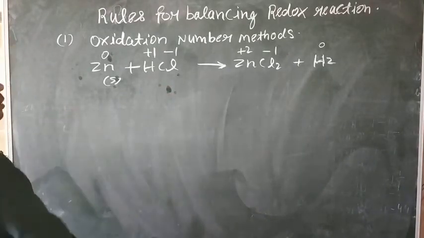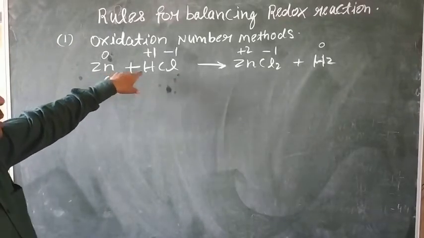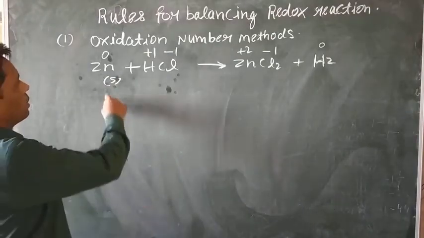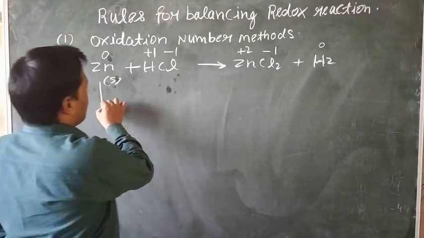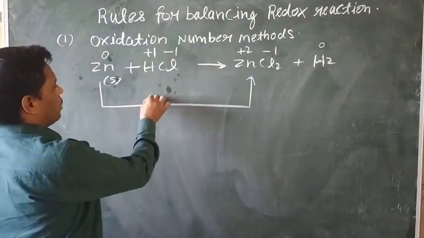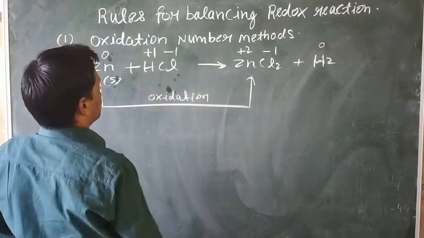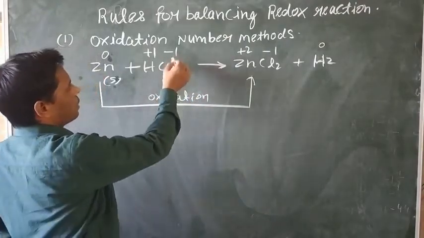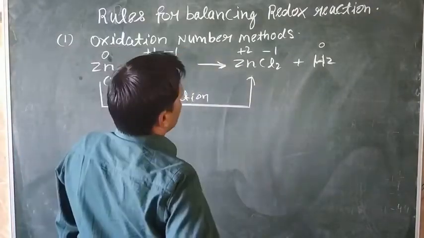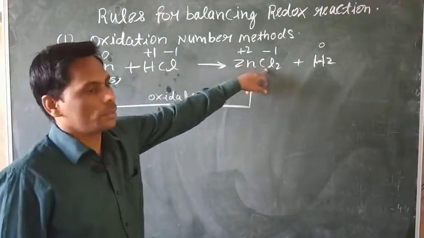After assigning the oxidation number of each element, we are in a position to find out which element undergoes oxidation and reduction. Here you see zinc metal goes from 0 to +2, which means it undergoes oxidation. The chloride ion is -1 in both cases, so its oxidation number is the same.